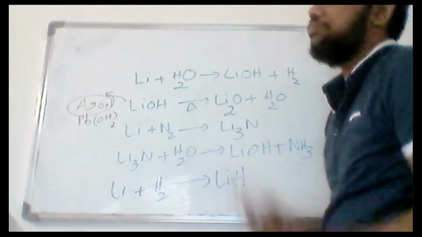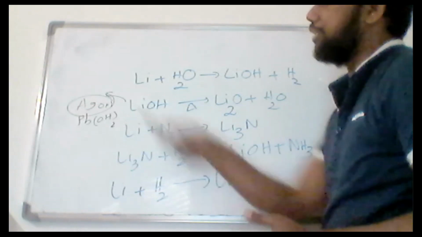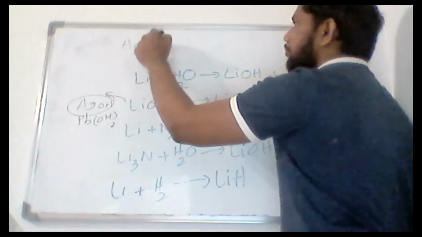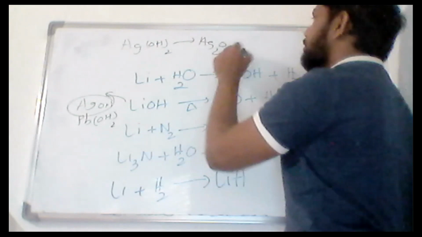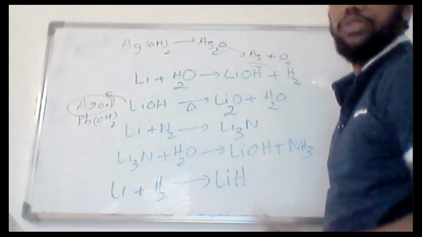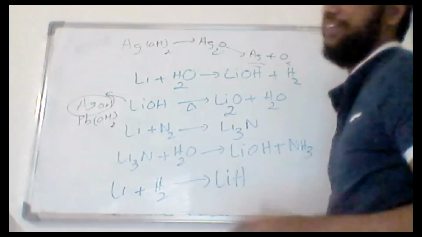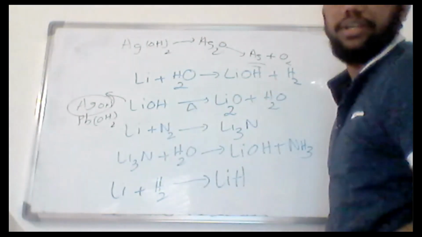So even when you keep on heating, first AgOH will give Ag2O, but this will further decompose into Ag plus oxygen, because this reaction is not favorable. So it quickly tries to decompose very fast.